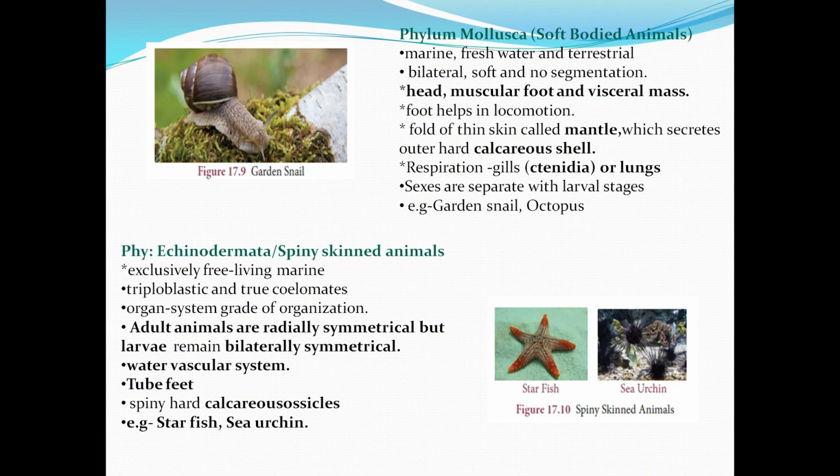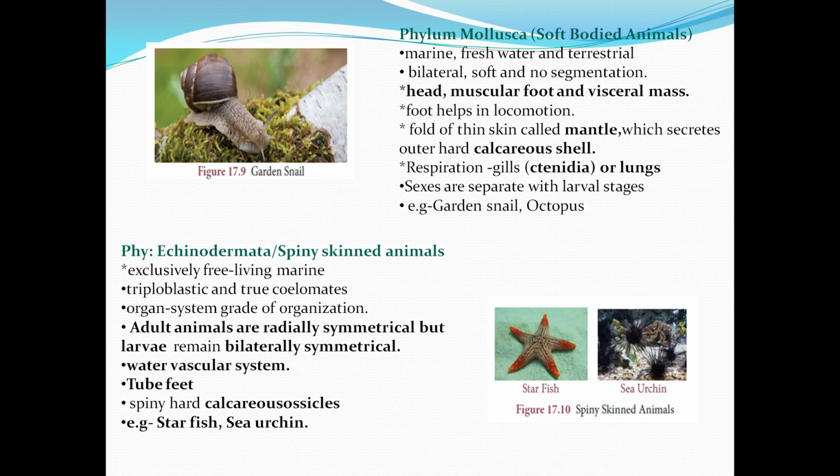Phylum Mollusca. They are soft-bodied animals. They live in diversified habitats. Some are marine, some live in freshwater, and some are land animals. The body is bilaterally symmetrical, soft, and there is no segmentation. The body is divided into head, muscular foot and visceral mass.